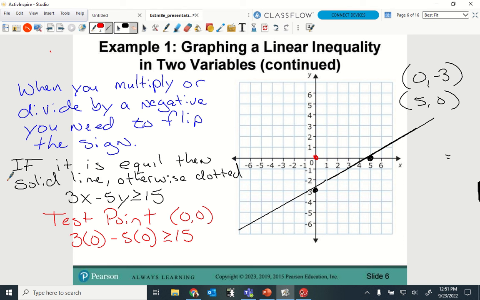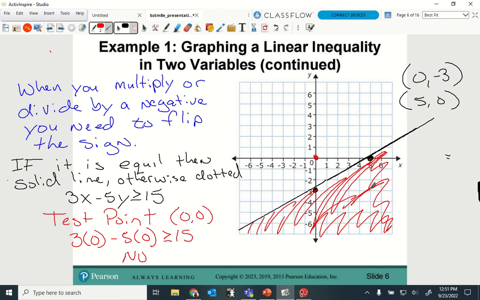So 0 and 0, is that greater than or equal to 15? No. So this one's a no, right? So that means this point right here doesn't work, but that means everything below the line is going to work. So everything below the line will work here. So all this here will work now.